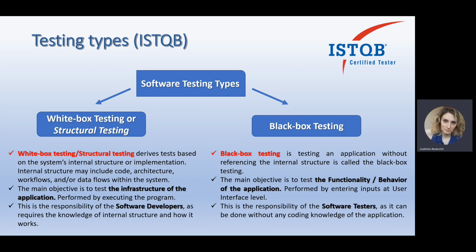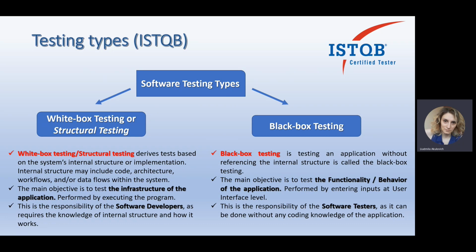By internal structure, we mean code, architecture, data flows within the system, and so on. And the main objective of this type of testing is the infrastructure of the application. So we are executing the program to analyze the infrastructure.